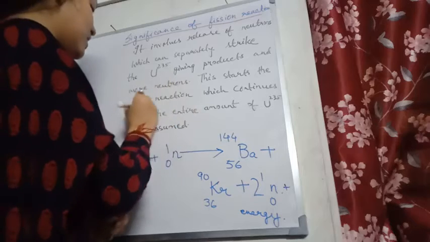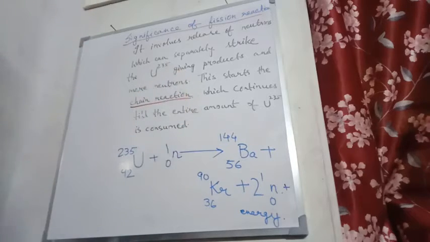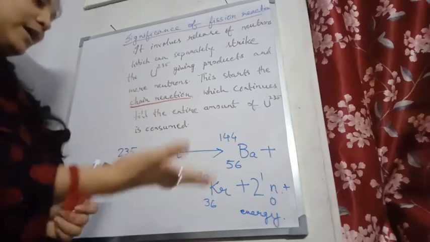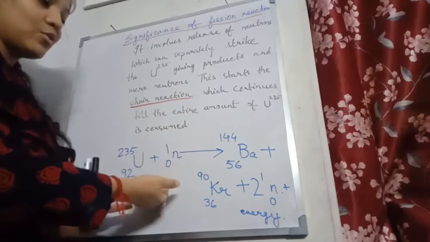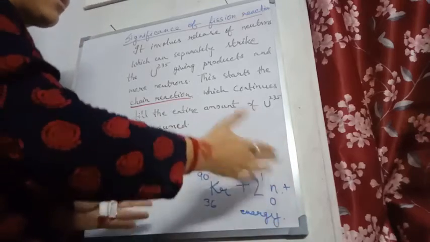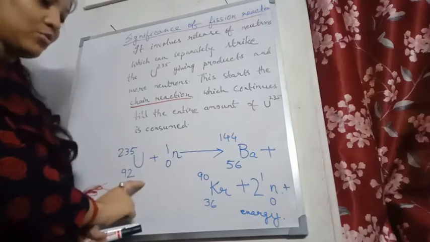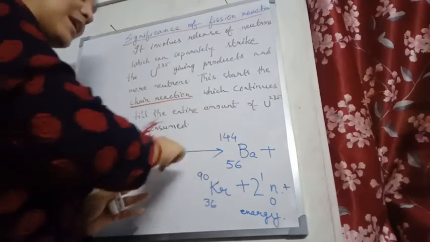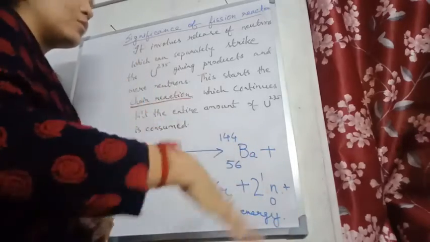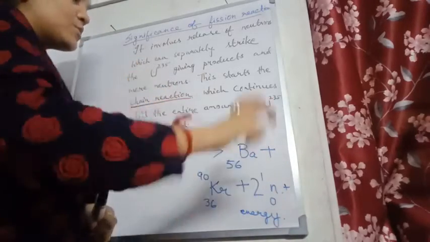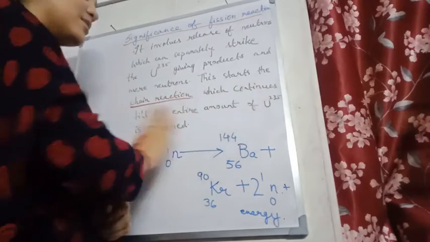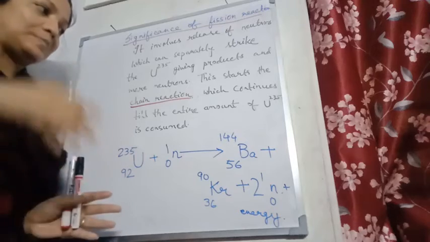This is the significance of a fission reaction: it gives rise to a chain reaction. Why? Because on the reactant side we have neutrons and on the product side also we have neutrons. If the neutrons separately react with uranium nuclei, again the same reaction occurs with emission of a large amount of energy and neutrons. This continuous process is called the chain reaction, and it goes on till the entire amount of uranium nucleus is consumed.